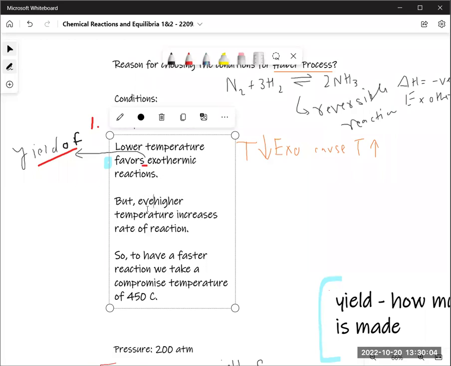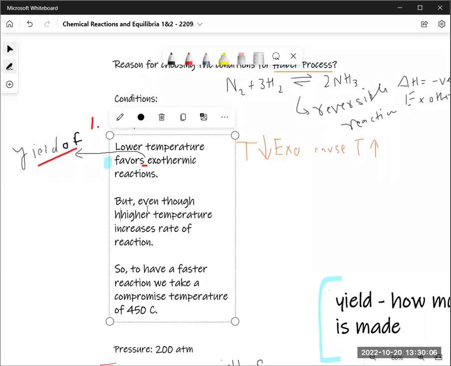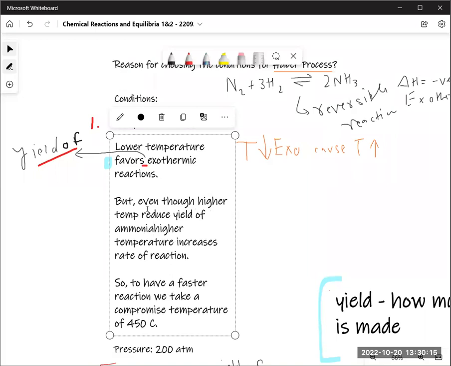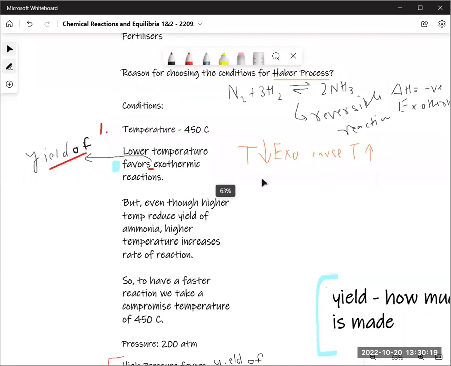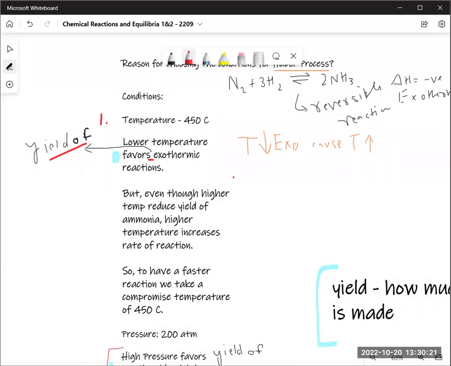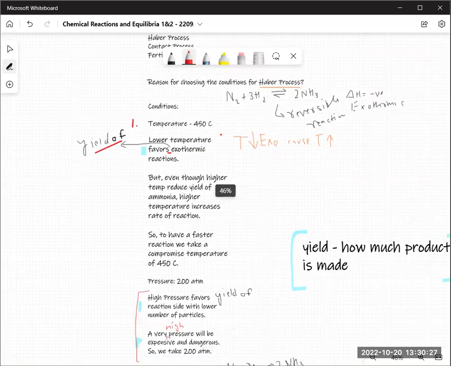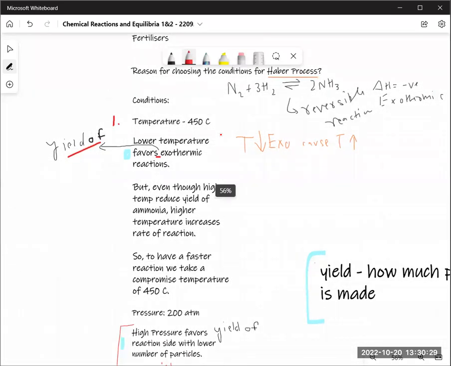Now, after this, you have to write, but even though higher temperature reduces yield of ammonia. Tell me when you're done writing. What is the meaning of yield, Anas?